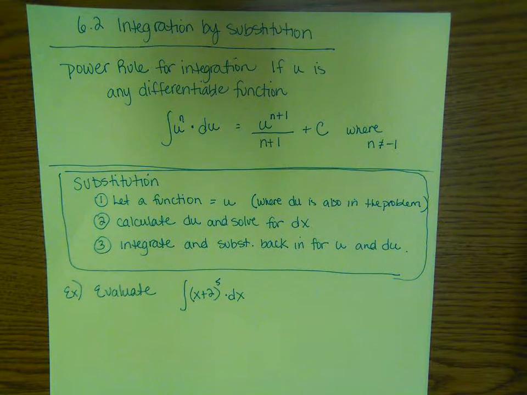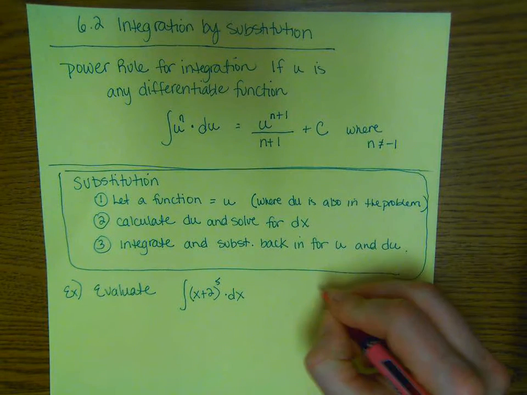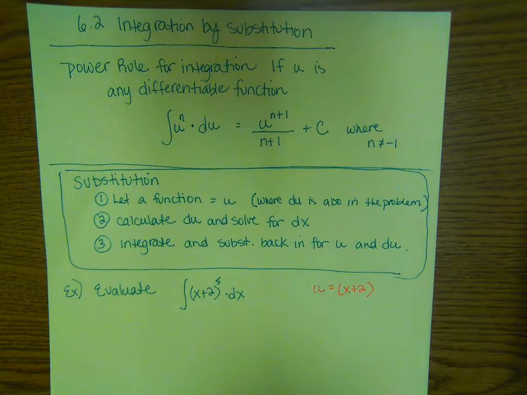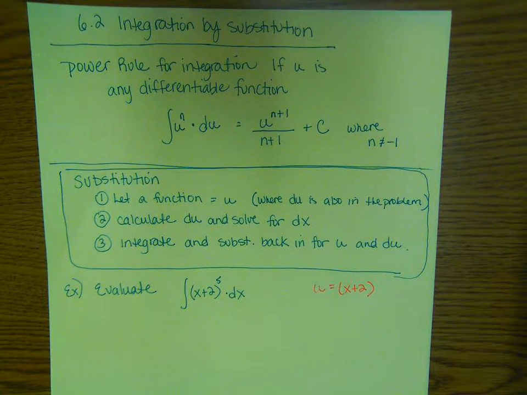And it's got to be a function that I'm doing something else to, okay? So what I'm going to let u equal is x plus 2. Because what am I doing to x plus 2? Raising it to a power, correct? So if I just had that x plus 2 be one thing, it would be really easy to integrate that.